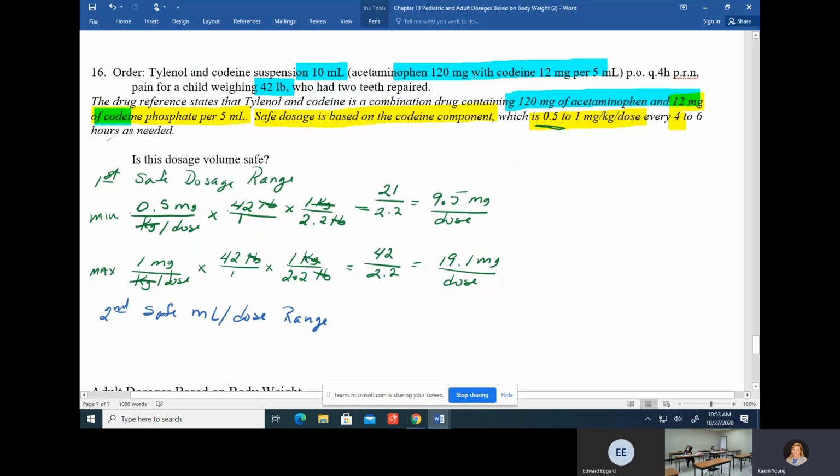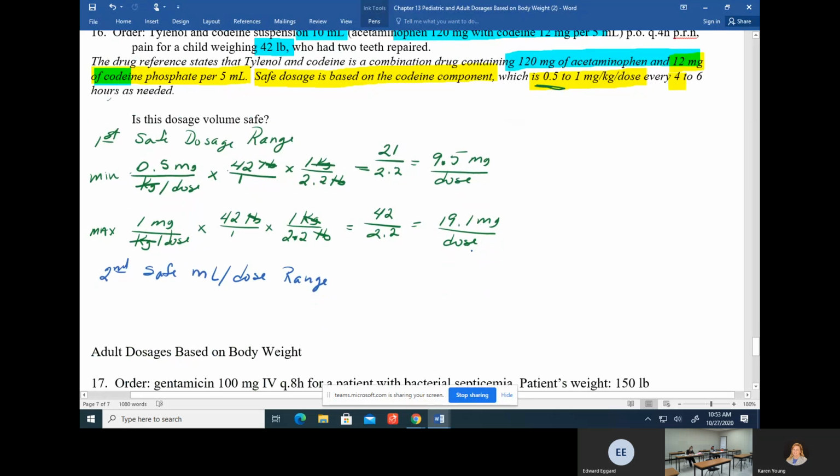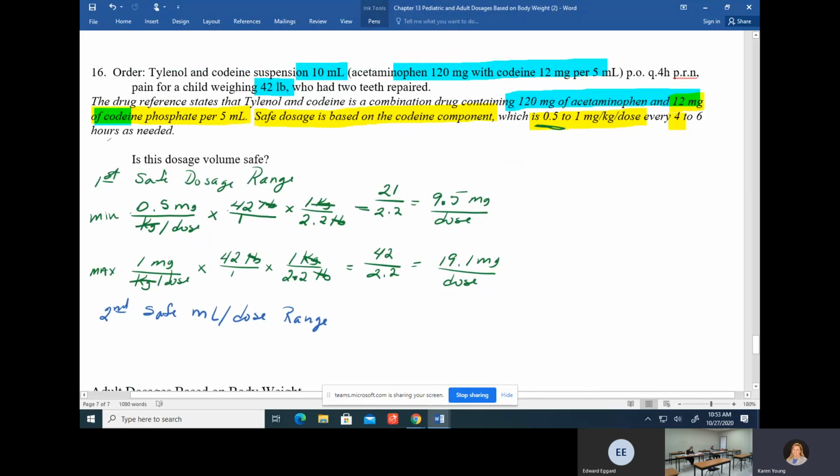I'll go back up here and write my... So I'm going to take my milligrams per dose and multiply it by, since it's based on codeine, the 12 milligrams per 5 milliliters to find my milliliters. So it's still the form on top, the strength on bottom.